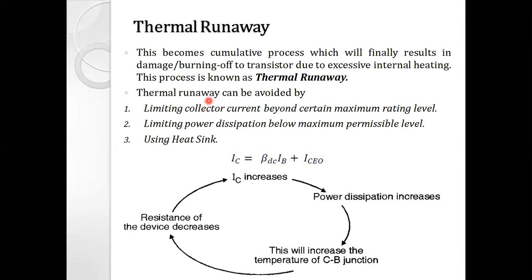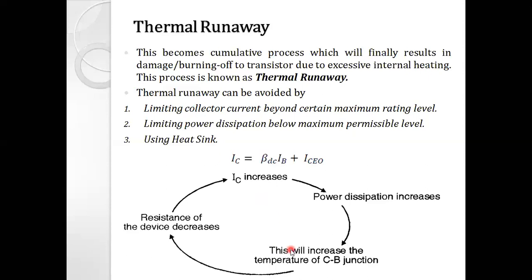The second possible way to avoid the thermal runaway is limiting power dissipation below the maximum permissible level. That can be done by keeping this collector current within the limit. And the third one is using the heat sink. If temperature increases at the collector base junction, then you have to provide a heat sink to the component so that whatever heat is generated at the collector base junction will be taken to the ambient temperature via this heat sink.